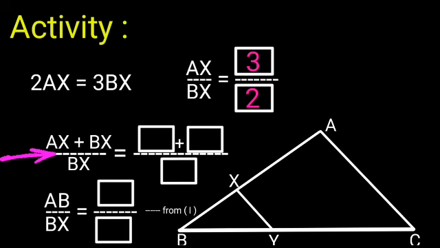That is the property we call componendo. Hence AX plus BX upon BX is equal to, on the right hand side, 3 by 2, that means 3 plus 2 upon 2.